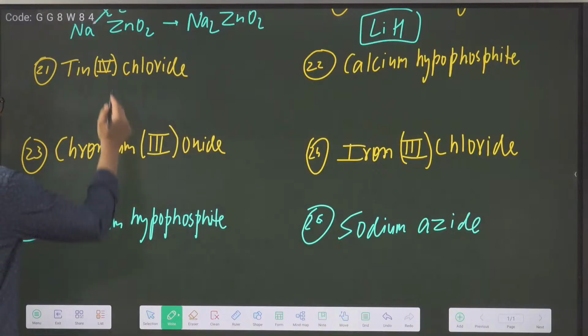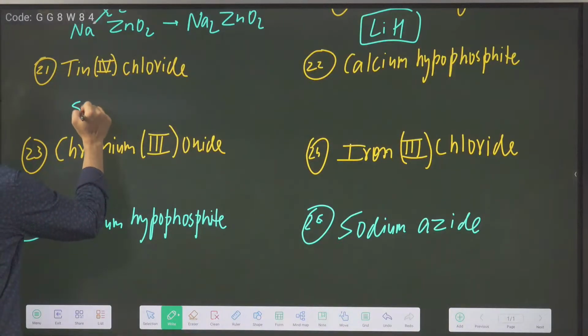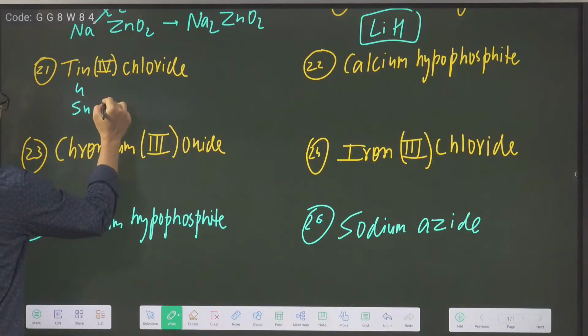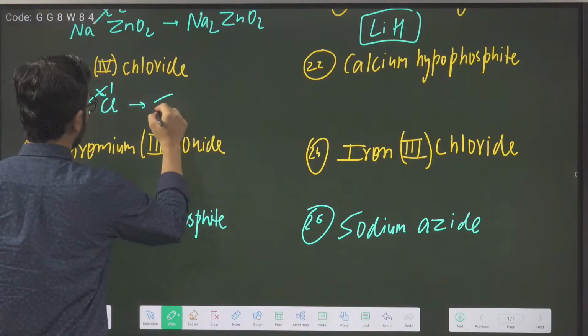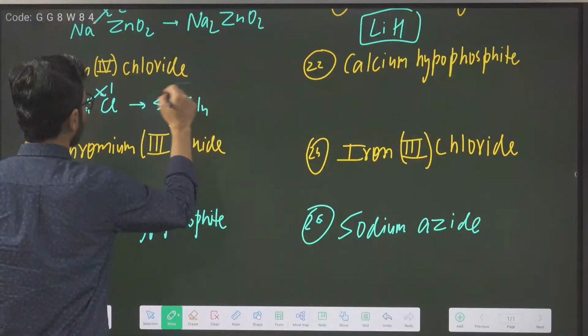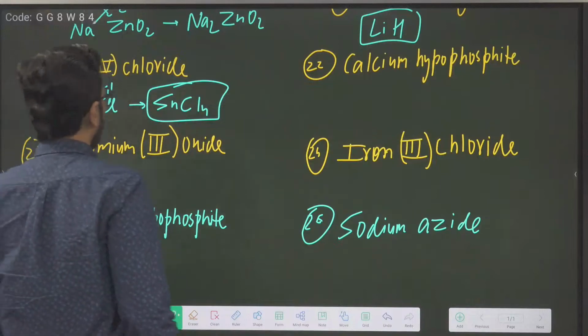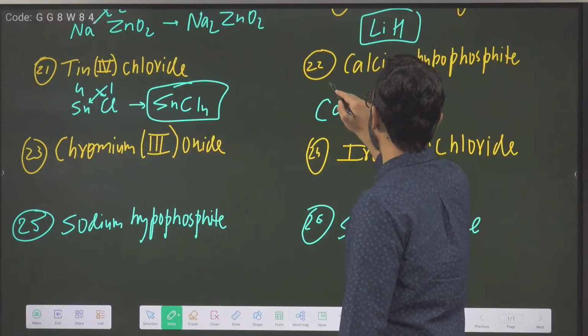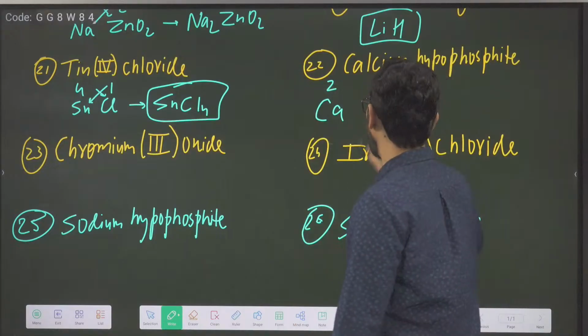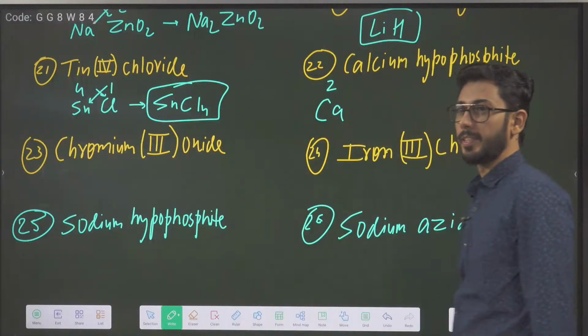Tin 4 chloride. So it is Sn net charge 4, Cl net charge 1. Answer will be SnCl4. Calcium hypophosphite. Calcium is 2 plus, net charge 2, and hypophosphorus acid.